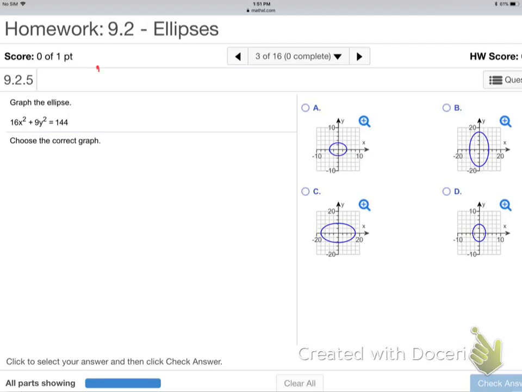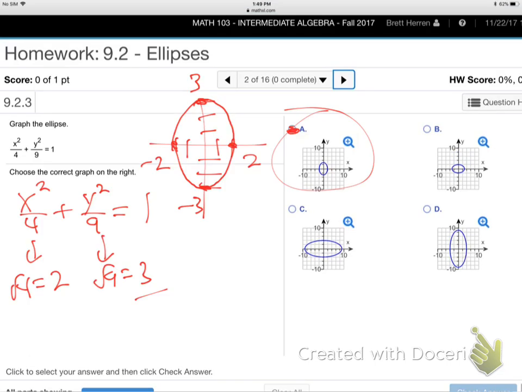Okay, so we have 16x squared plus 9y squared is 144. If you notice, I don't know if you did notice, they're coming at you fast, I know. The last two problems had something on the right side the same. Let's look back. What was on the right side here? 1.